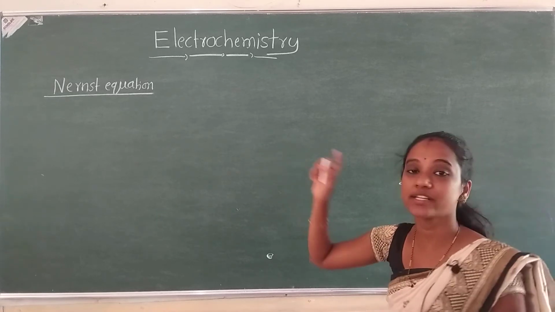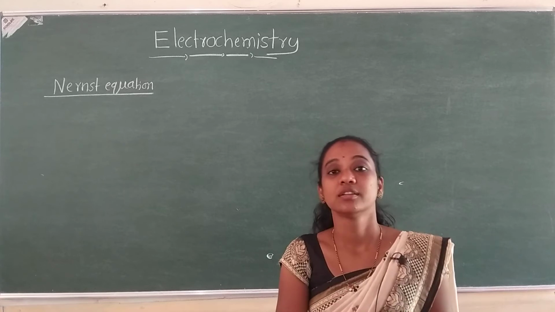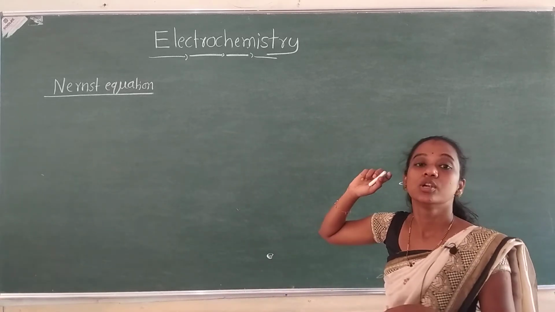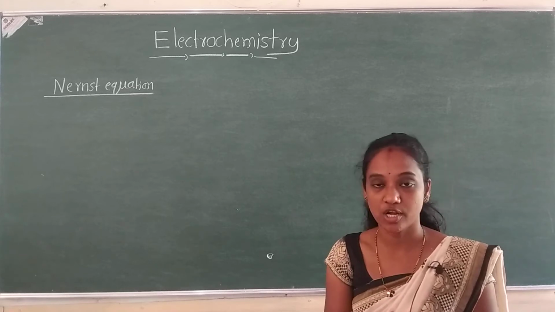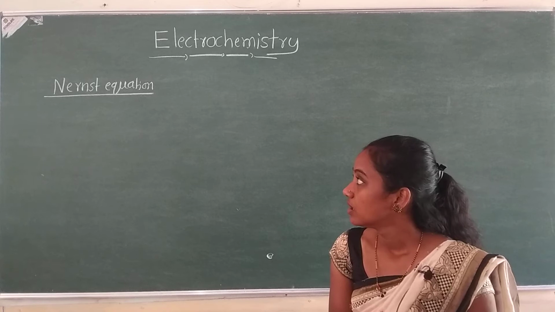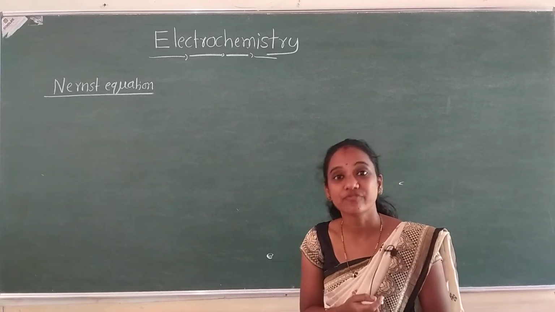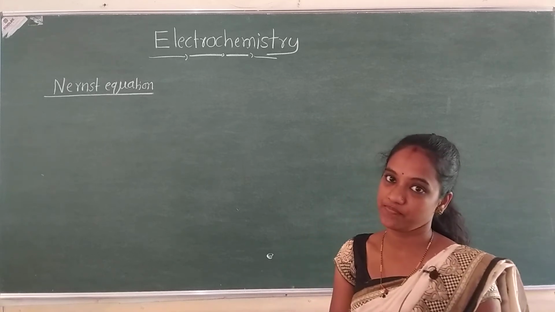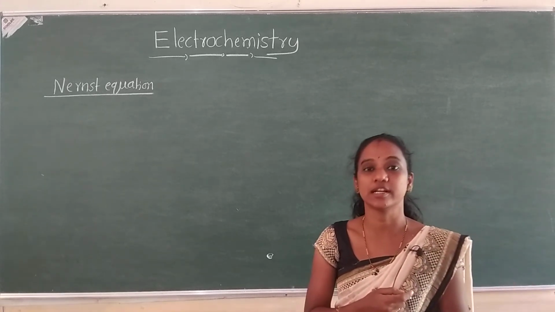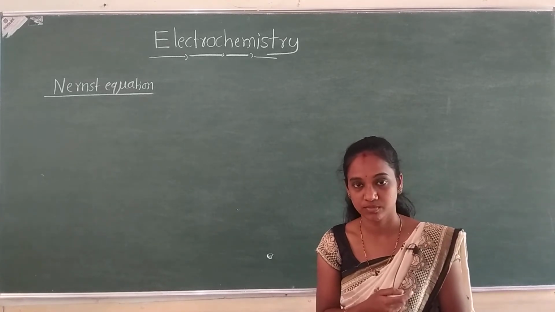So if the concentration of the electrolyte is different, then we can make use of this Nernst equation to find the electrode potential of such electrodes. And also using this equation we can find the EMF of the cell. What is EMF? It is the difference in the electrode potentials of cathode and anode.